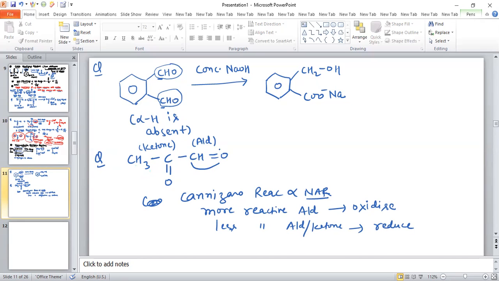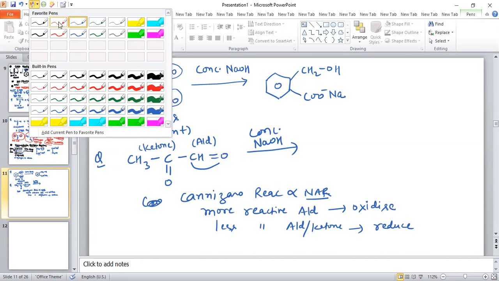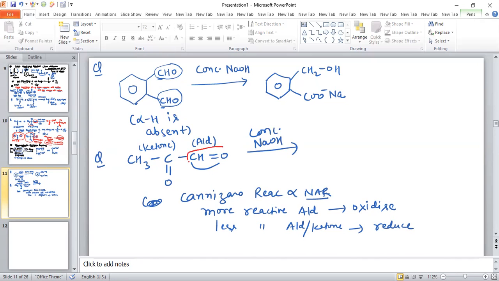So the aldehyde is more reactive, and the more reactive one will oxidize and the less reactive will reduce. So the product obtained will be like this when we do the Cannizzaro reaction in presence of concentrated NaOH. Because nucleophilic addition is faster in the aldehyde, this CHO will be oxidized into the salt of carboxylic acid and this will reduce.